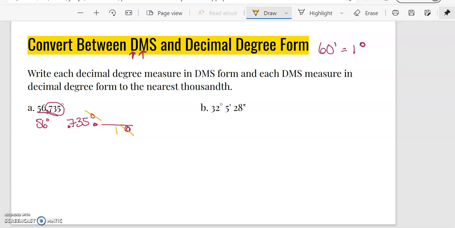And I know that 1 degree is equivalent to 60 minutes, and I'm going to put the minutes there. Now I'm going to multiply these numbers, and I get that this becomes 44.1. So I have 56 degrees and 44.1 minutes.